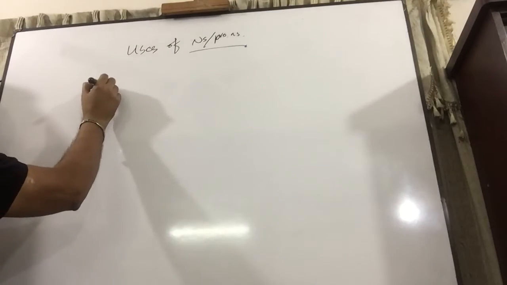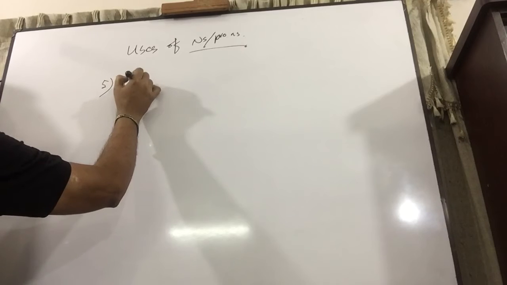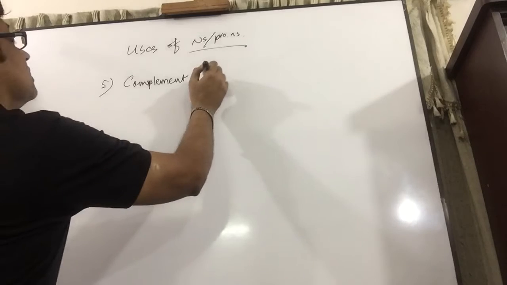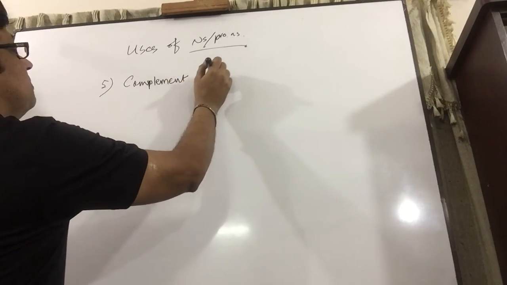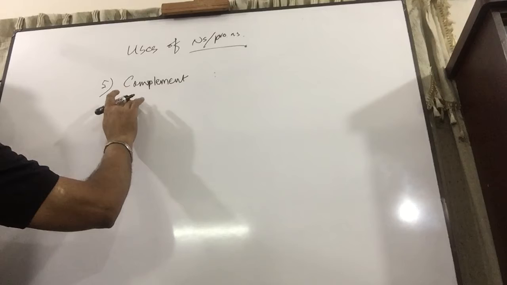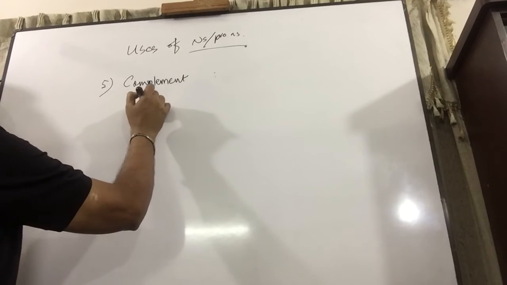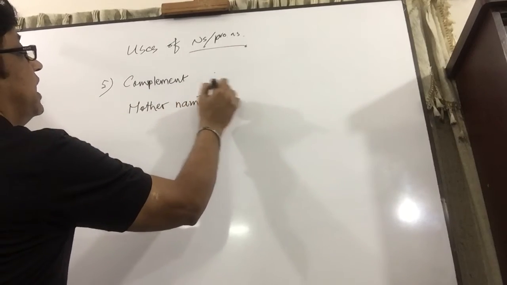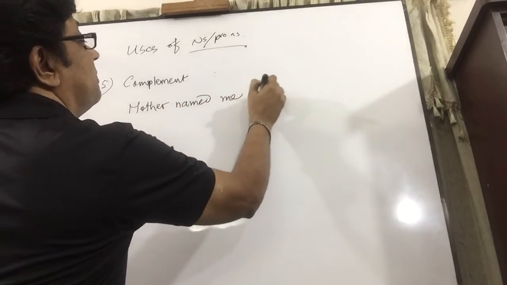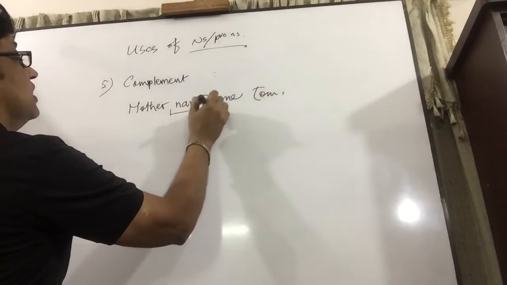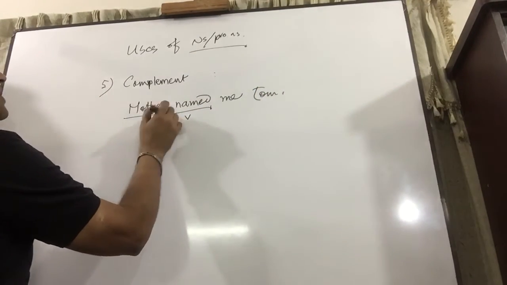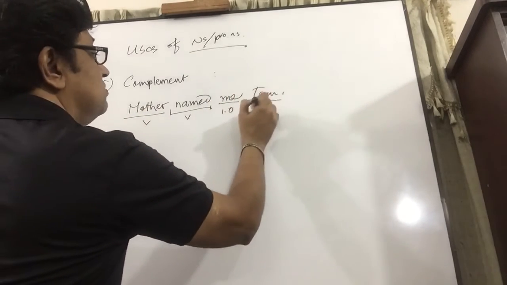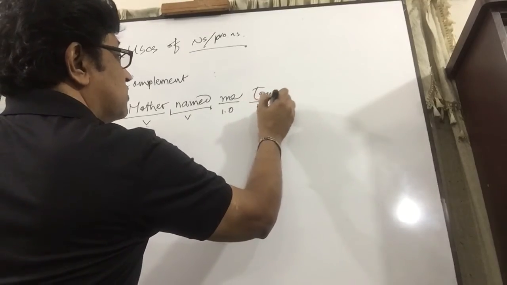Suppose number 5, complement. Mother named me Tom. Here, named is the verb, mother is the subject, me is the indirect object, and Tom seems to be the direct object, right?